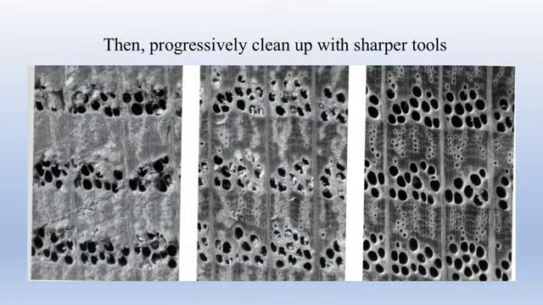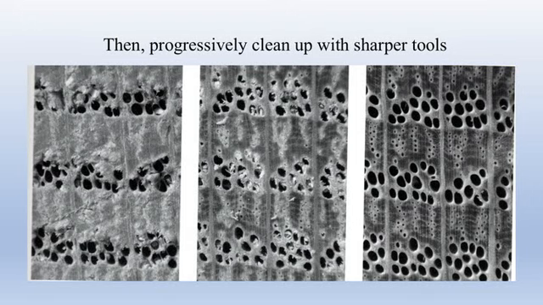So first thing we need to do is get a good clean cut. The picture on the left is a table saw cut. There's a saw cut anyway. And if you notice, you can see that these are early wood cells. But in the late wood, it's just fuzzy. You can't really tell if this is a pore or if it's fuzz.